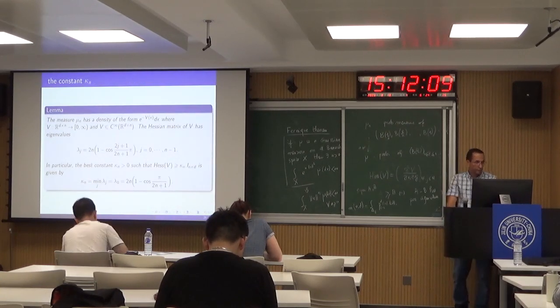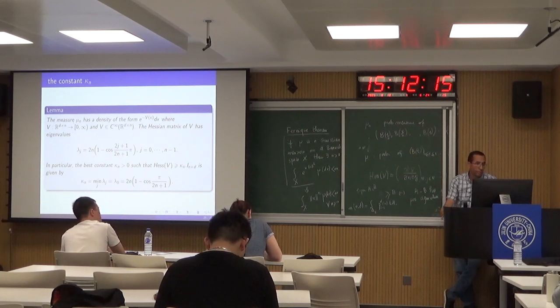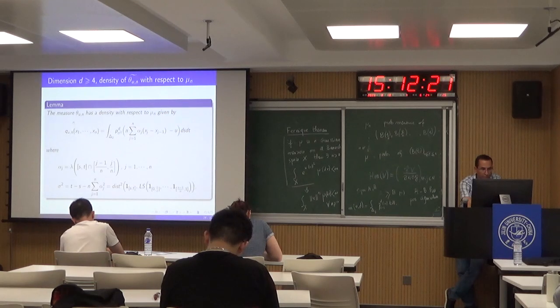Now, the measure mu n, I recall, is the measure of this vector, and it has its density. I recall the density here. It is written exactly.